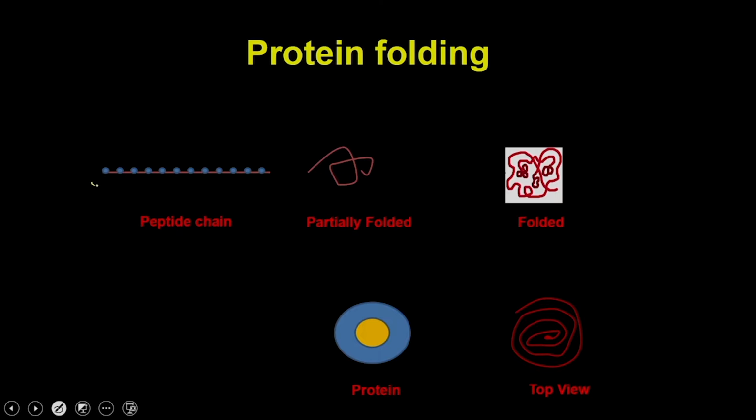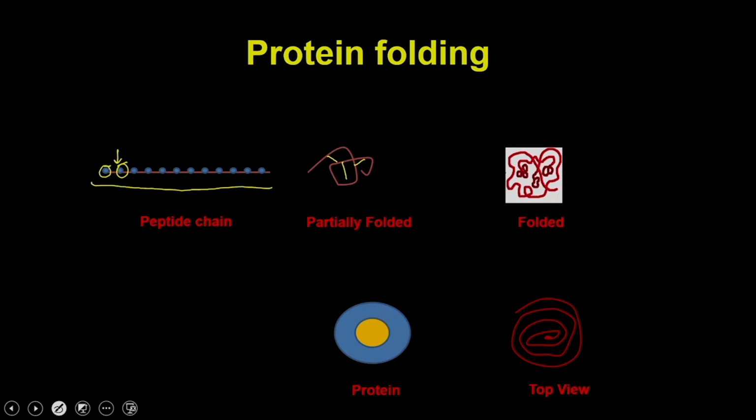The protein is synthesized as a linear peptide chain, where individual amino acids are coupled with the help of peptide bonds, from the ribosome. As soon as a small stretch of the peptide comes out from the ribosome, it starts folding, and this folding is mostly governed by intramolecular interactions between the different side chains.